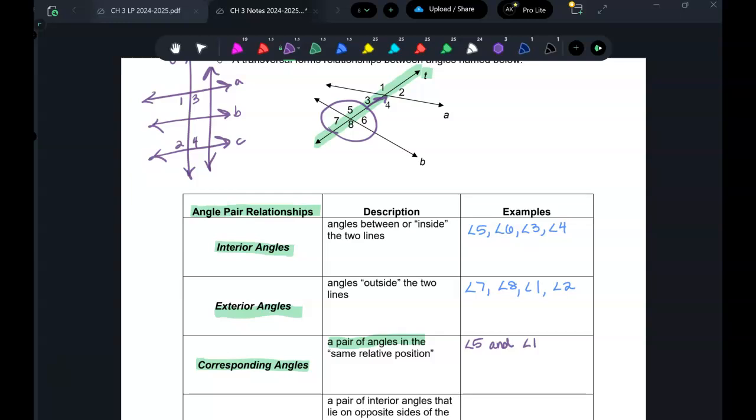So again, it's as if you took that group of 4, shifted them over, and they would overlap. Which angles would overlap? So 6 and 2. Angle 7 and angle 3. And there's one more pair, angle 8. Good. So corresponding angles, we have 4 pairs.